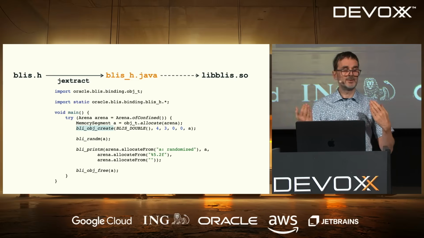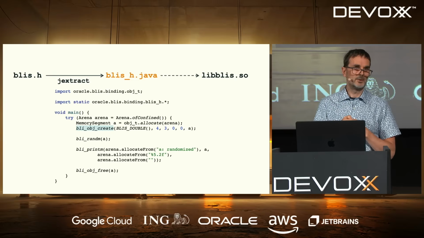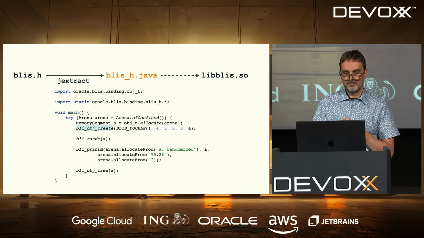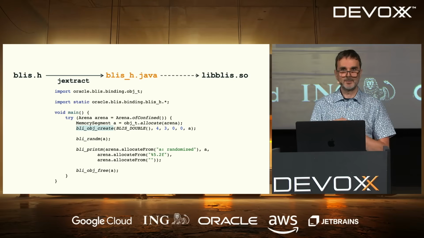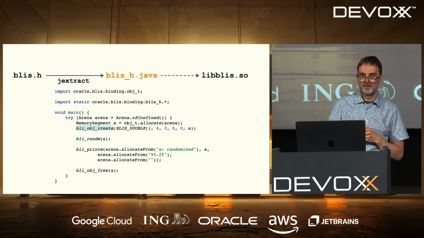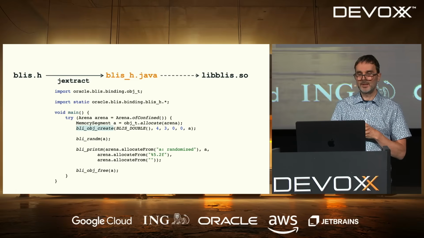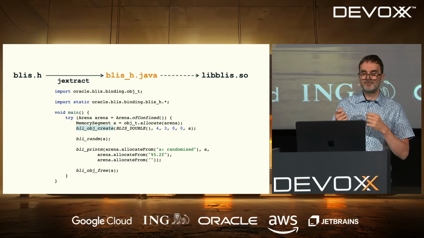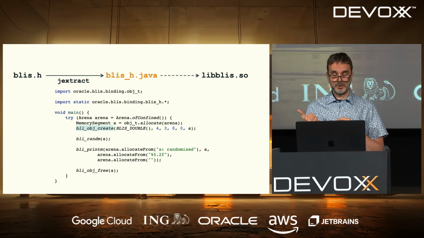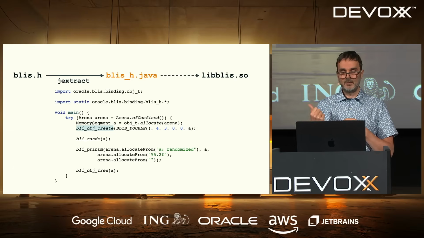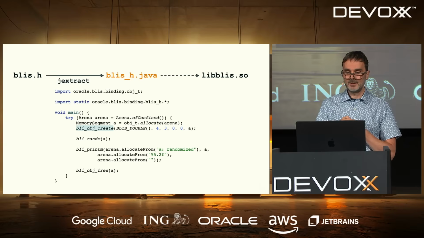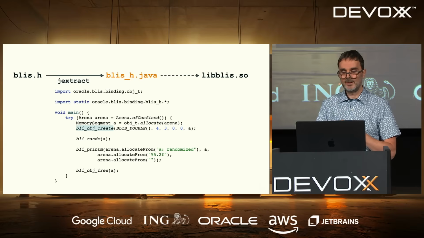So here I have a simple Java program with a main method, using the new concise way of expressing Java programs. Here we can see we're calling that binding method bli_obj_create. We have to allocate the obj structure in memory off heap, and then pass it along as a variable A here.